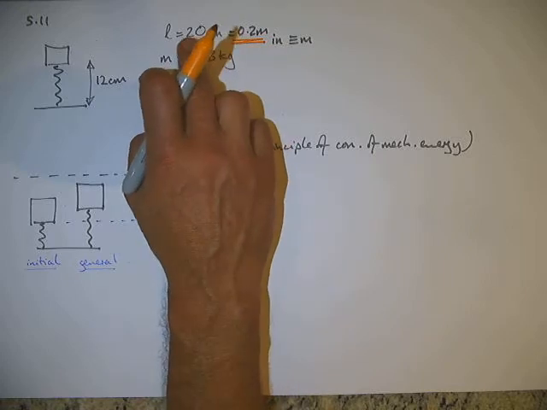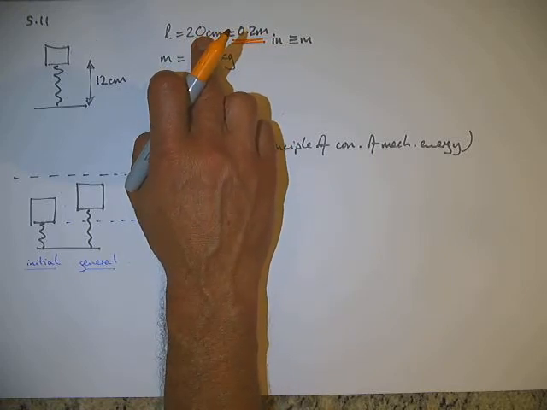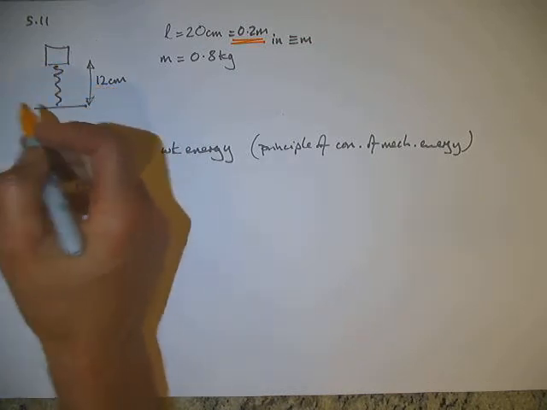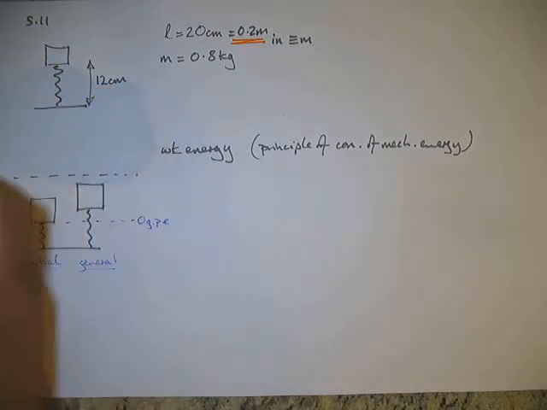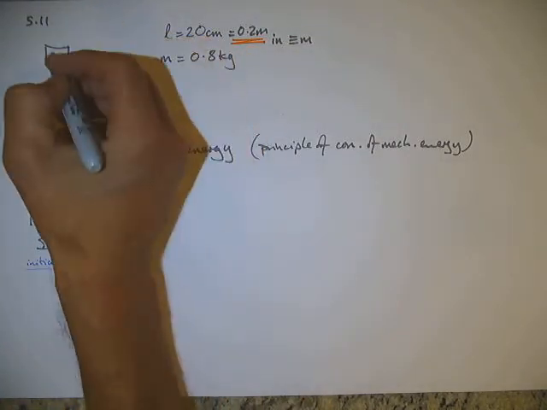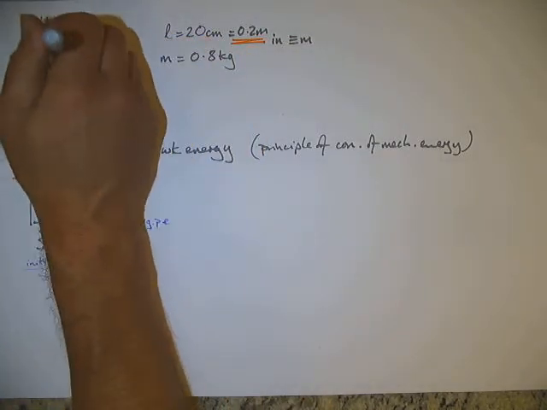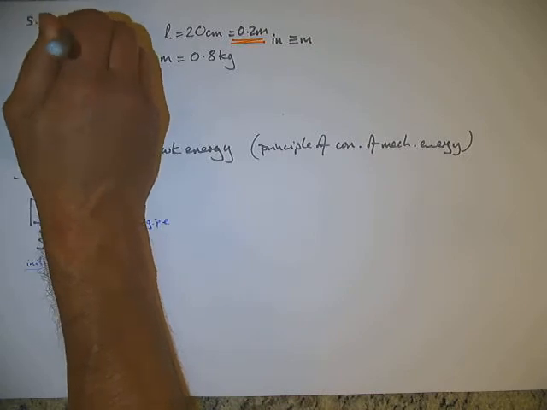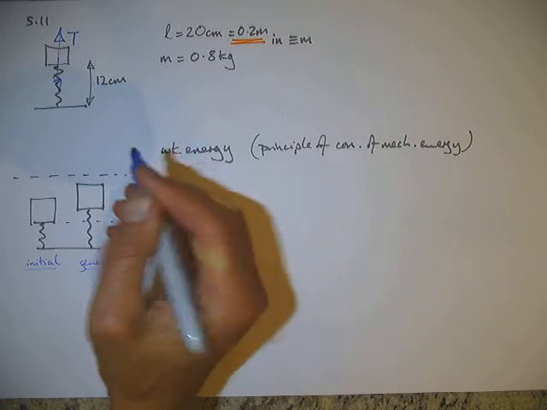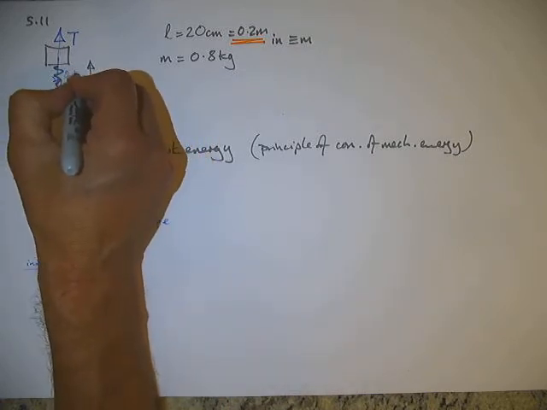So that's the natural length of the spring. In equilibrium, it sits in that position. Part A, find the modulus of elasticity. Right, so a diagram. If it's sat on a spring, there's a thrust upwards from the spring on the object, and it's got its own weight, 0.8 g.